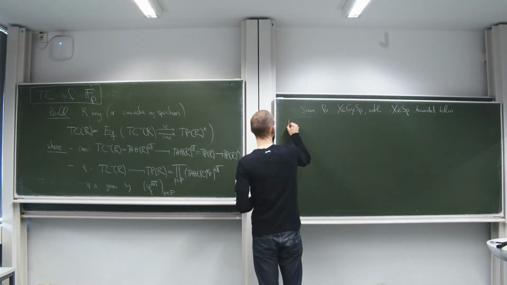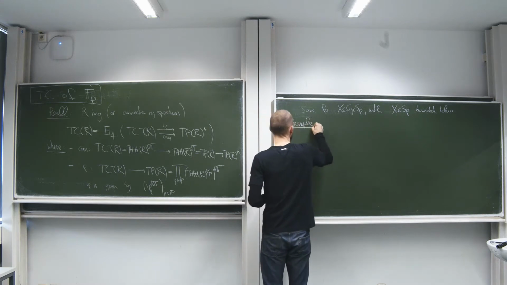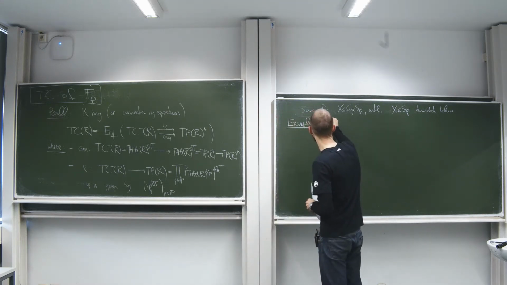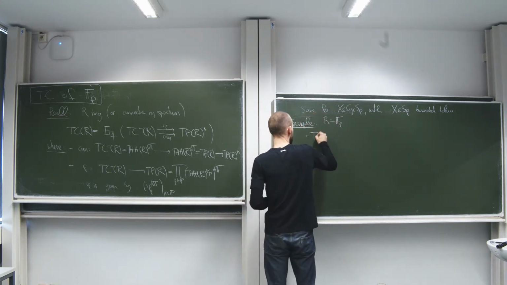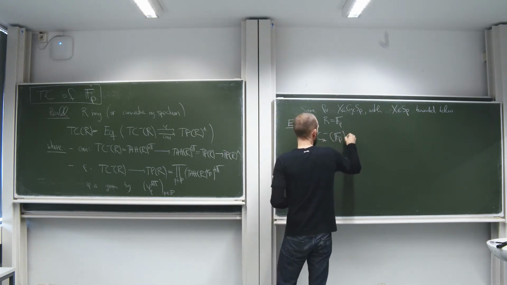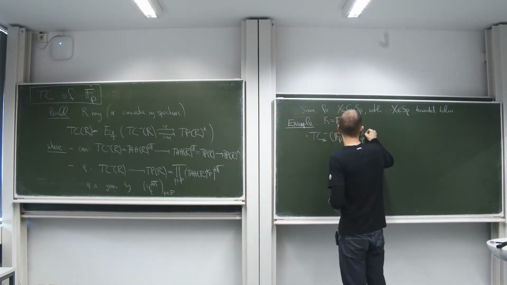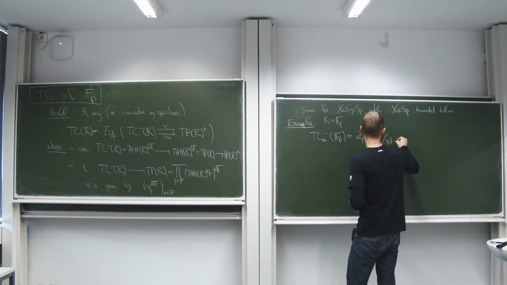And so the example we want to run today is Fp, the field with p elements, p prime. Then what did we have? We have computed that TC minus of Fp was given by Z_p adjoin two variables x and t modulo xt equals p.